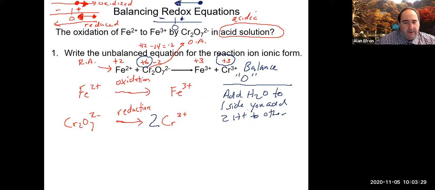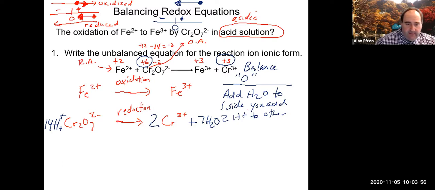On the bottom one, the chromium has 7 oxygens on the left, none on the right. So to the bottom half reaction we would add 7 waters. Because we added 7 waters, we add 14 H pluses to the other side, to balance everything.